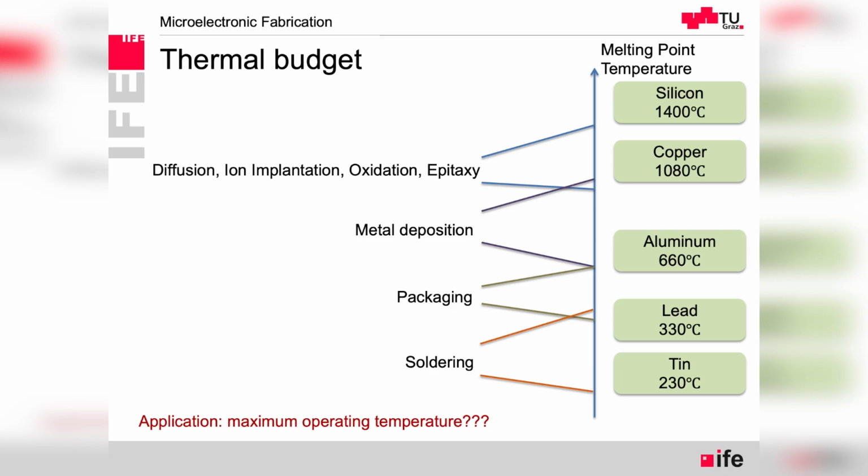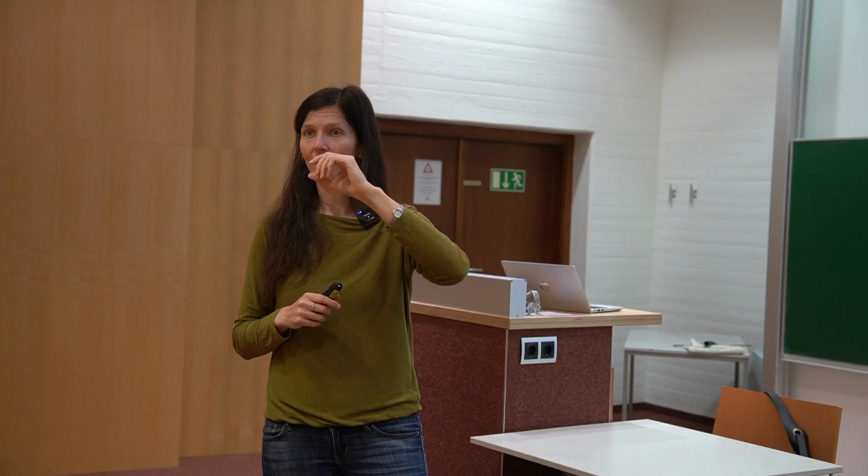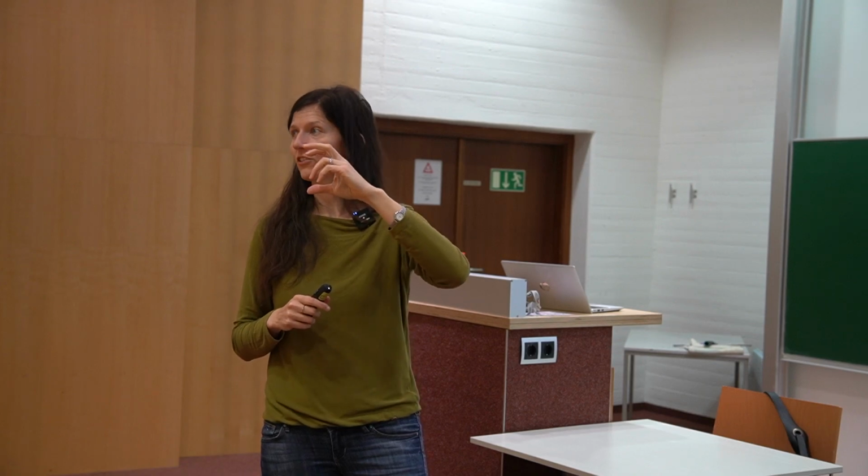And thus far we were talking about the processing on the wafer level. But then we also have packaging and soldering and application. And what is necessary to keep in mind is, for example, the temperature of the application. This temperature cannot be higher than melting of the interconnections that is done for soldering on the PCB.